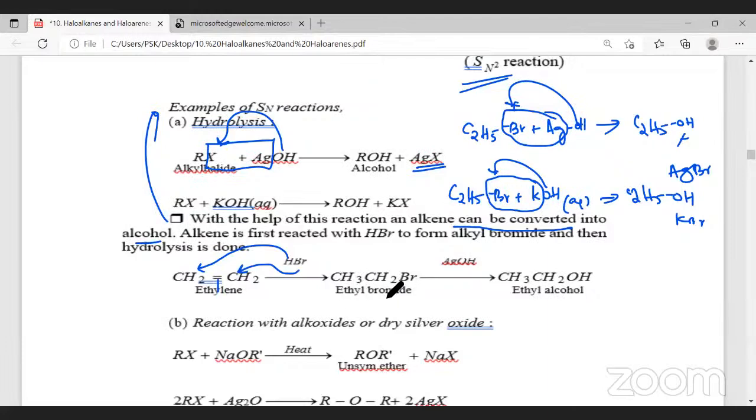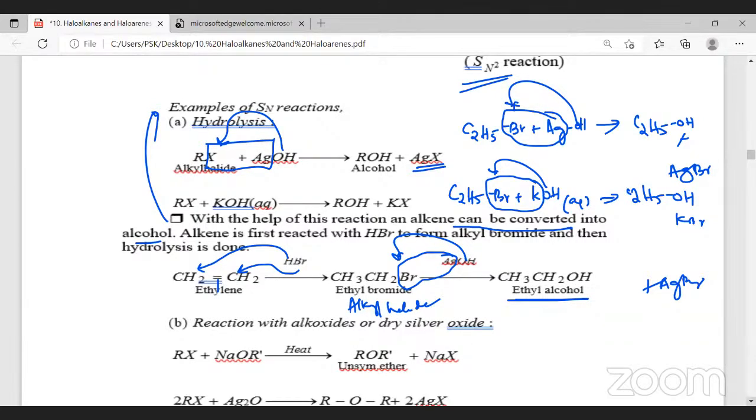So you will get ethyl bromide, CH3, single bond CH2, single bond Br. This ethyl bromide is an example for alkyl halide. This alkyl halide, when you hydrolyze with silver hydroxide, what happens? You get AgBr as a byproduct. In place of Br, what goes? OH goes. Therefore, the product we get is ethyl alcohol.